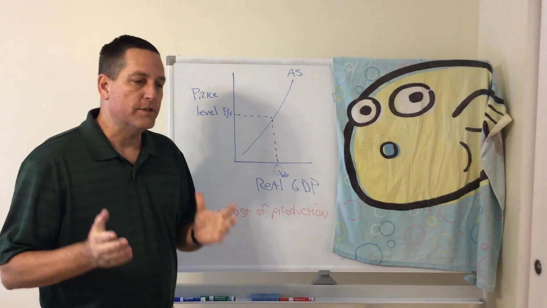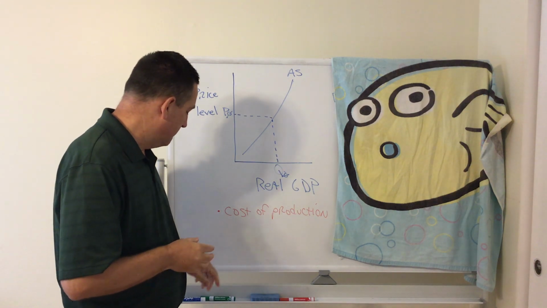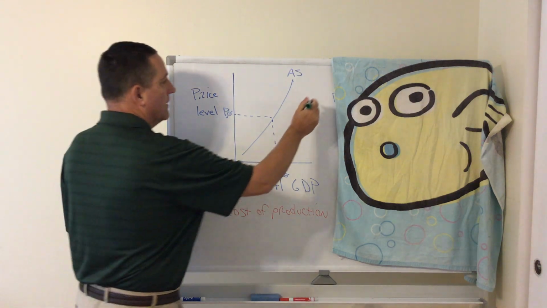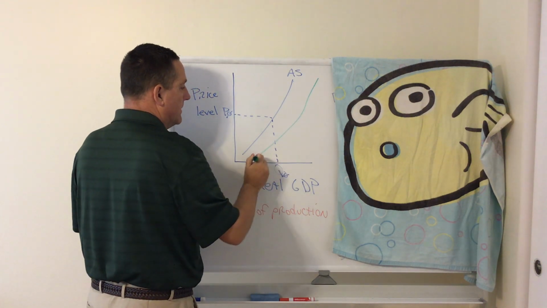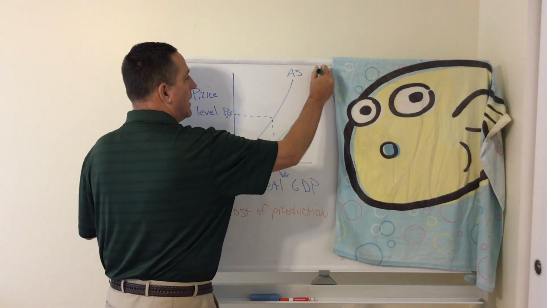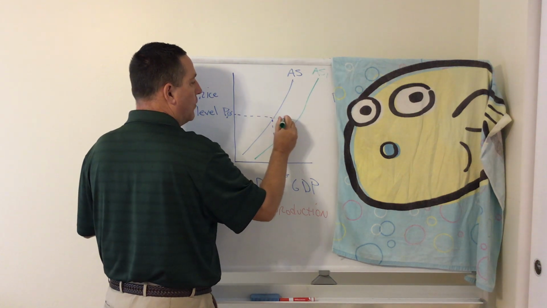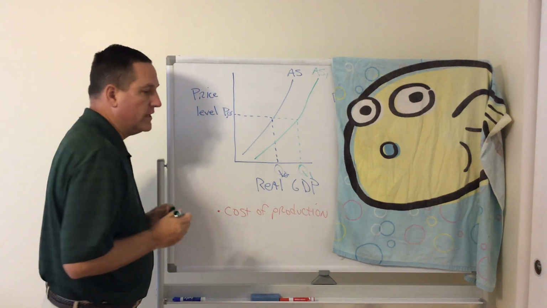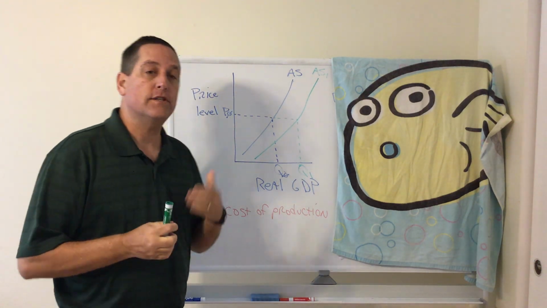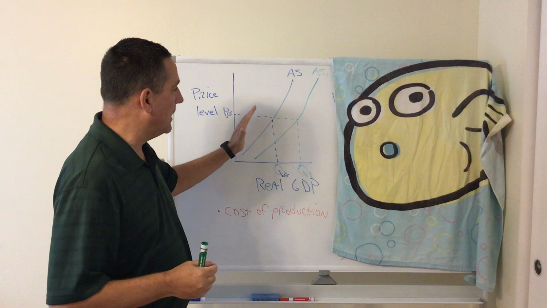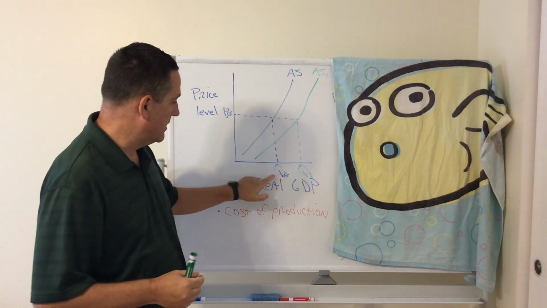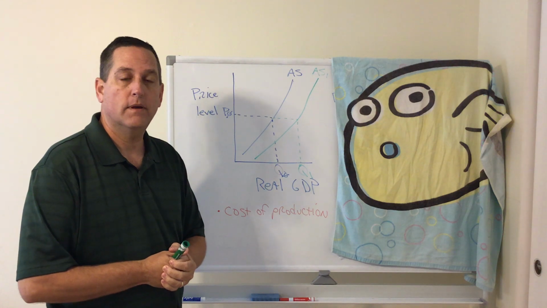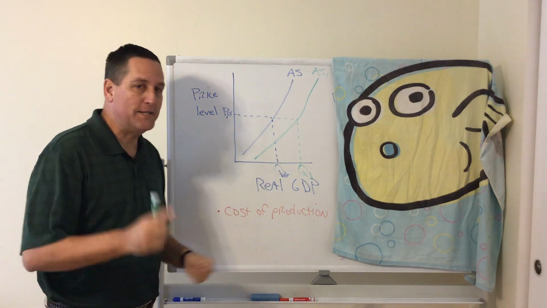But what if the suppliers were willing to supply more at the same prices? We would show that by the curve shifting to the right, just like before. If the curve is shifting to the right, that means the suppliers are now supplying more at the same prices. And we'll talk about what will cause that in just a minute.